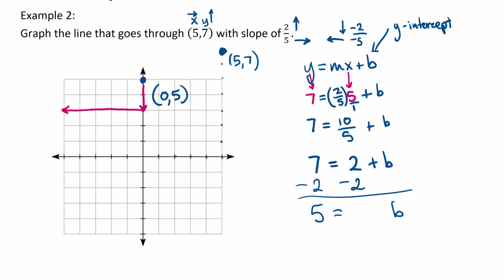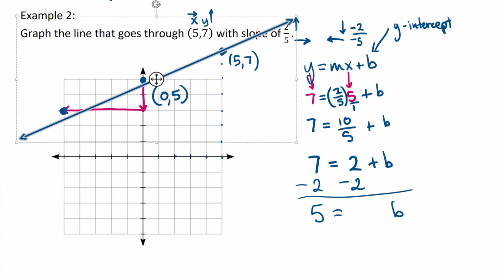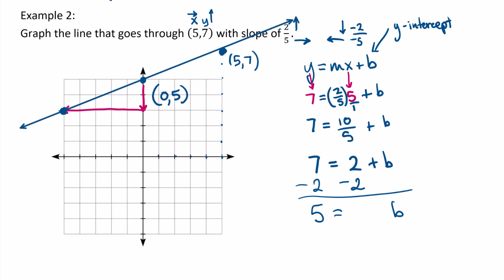And that's my next point. Now I'm going to connect the dots. And there's the line. And you can see that right here I was guessing, and so it's not really accurate, but it's close, and it's a good check to make sure you're kind of on the right track.